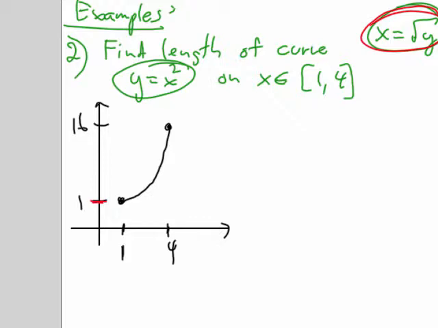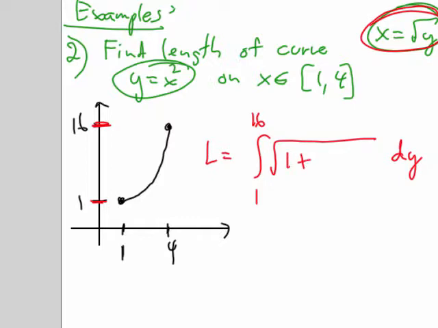So thinking of this as the independent axis and setting my integral up with respect to y. So it is a smooth curve, so I can integrate from my low y to my high y, the square root of 1 plus dx/dy squared.